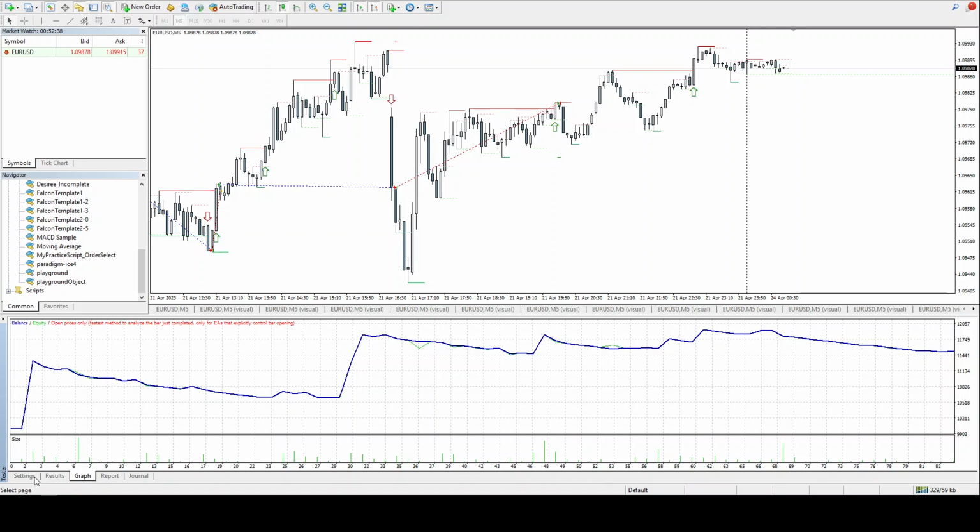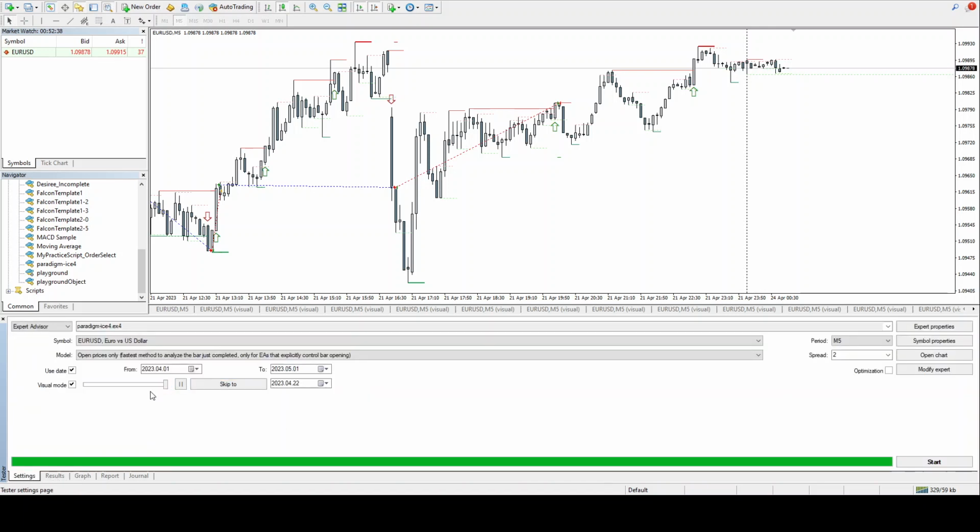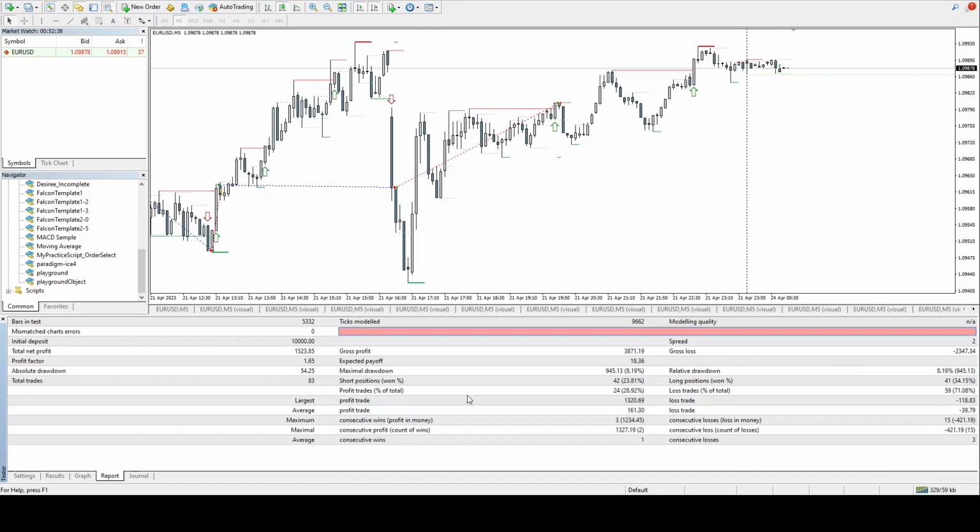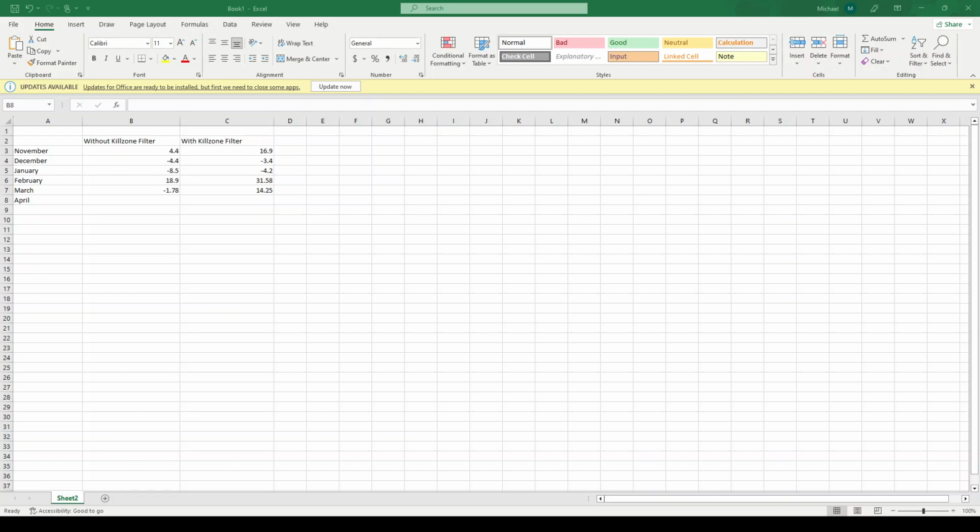So let me record that. This is 15.23%. 15.23% return so far in April.